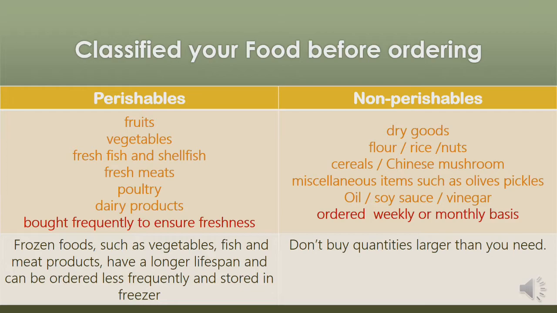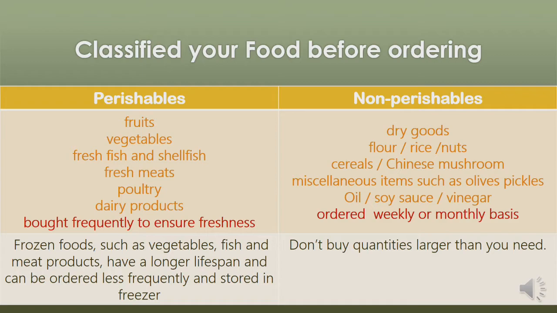Okay, and let's talk about the non-perishables. That is dry goods such as flour, rice, nuts, or cereals, Chinese mushrooms, and miscellaneous items such as olive oil, pickles, soy sauce, and vinegar. In this case, you need to order them on a weekly or monthly basis.